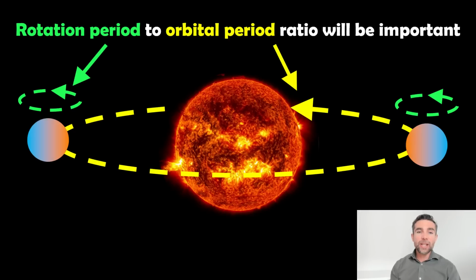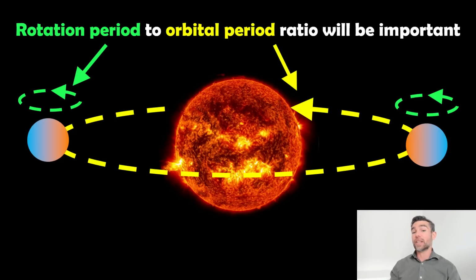Now, the rotation period is important as well, and the rotation period to orbital period is also important. This is how fast the planet rotates with regards to its orbital period. Why is that important? Well, we have something known as tidal locking, and the moon is tidally locked.